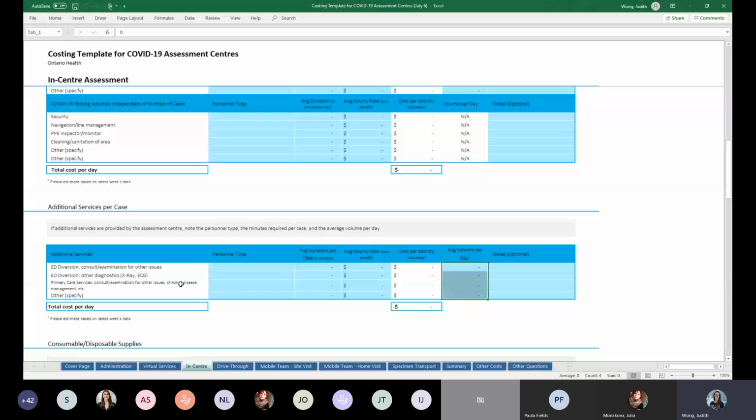We also have space for primary care services if that is part of your assessment center model. So within the assessment center, if you offer these other services and you have assessment center staff providing these services, this is the space to collect it, but that probably doesn't apply to every assessment center.